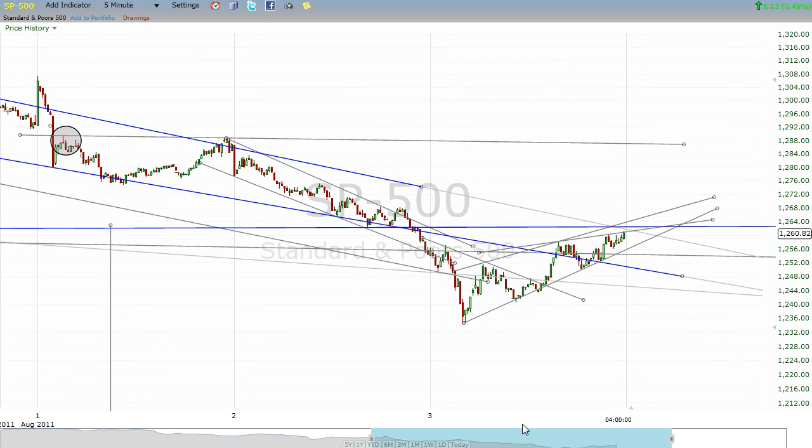The first thing I want to show you is even without this line right here, this has a kind of wedge appearance to it, and it's not a perfect wedge. If we ignore this candle right here that has a shadow over the top of that, then that's a pretty good wedge right there.